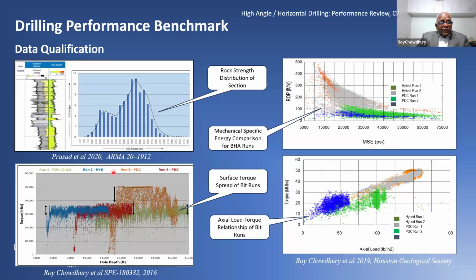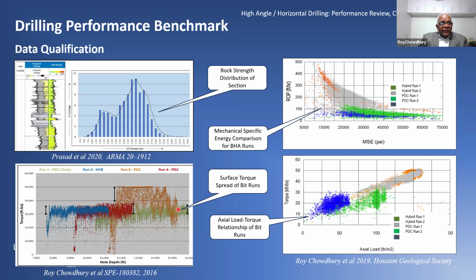Now look at the picture here on the left bottom. Here we are trying to evaluate, for each bit BHA run, what was the torque spread? This will be an indicator of whether there were any dynamic issues, or whether it was drilled with a higher or lower torque. It would indicate if the bit was very aggressive or not aggressive.